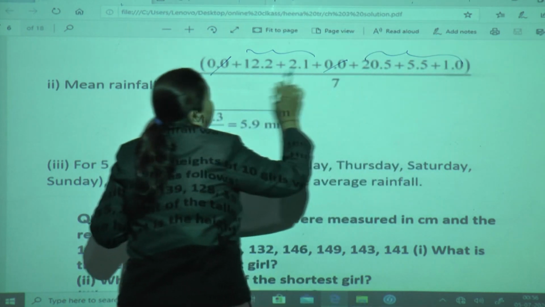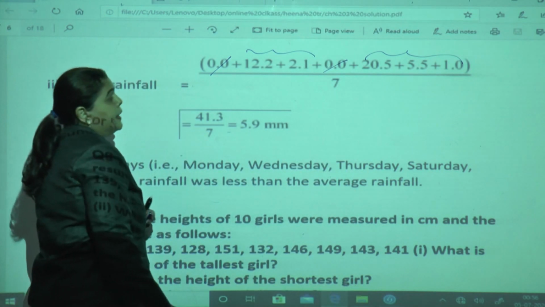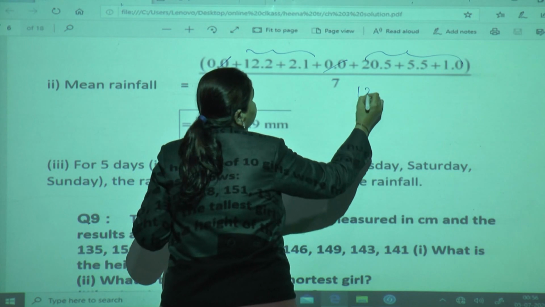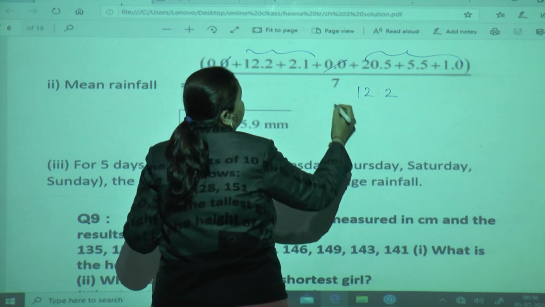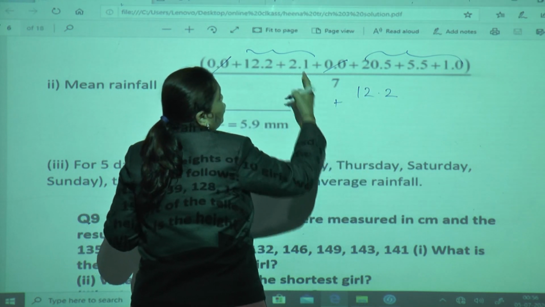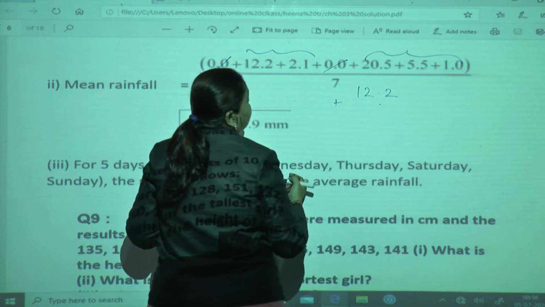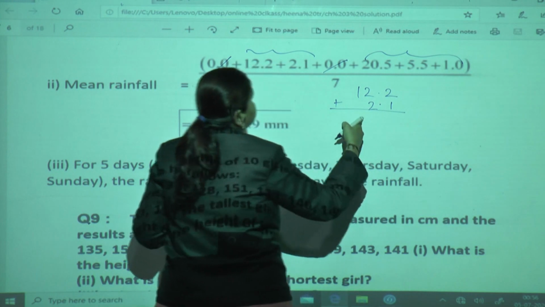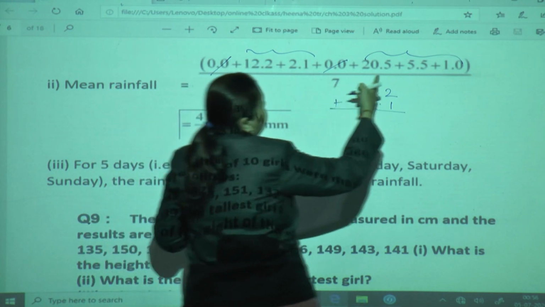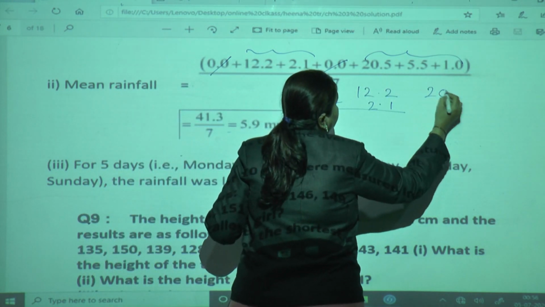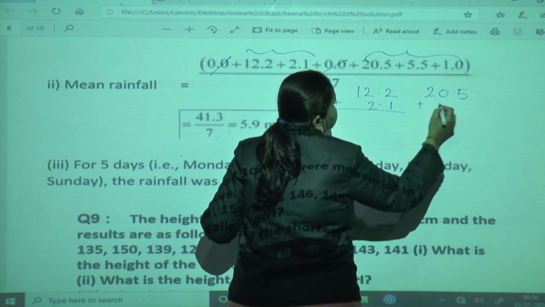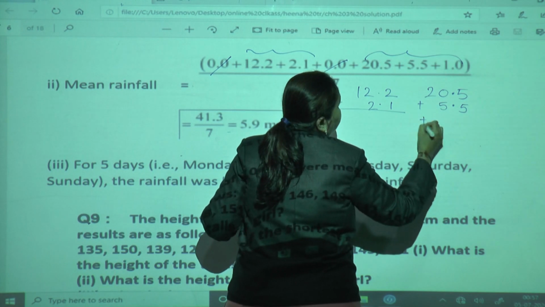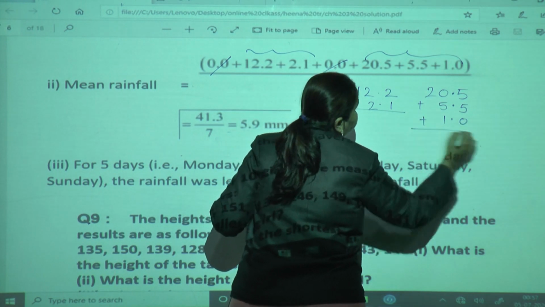three. When it is a decimal, it should be written under the decimal. I will show it in short here: 12.2 plus 2.1, the decimal point should be here and the numbers will be in this way. I will add one set in this way and I will add another set, that is 20.5 plus 5.5 plus 1.0.